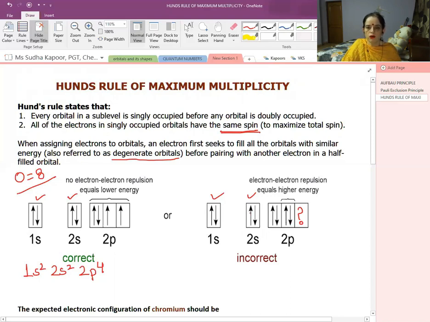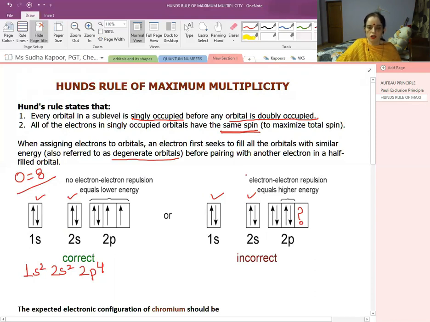So the most important thing is the sublevels should be singly occupied before any orbital is doubly occupied, and this is the case for degenerate orbitals only, for example p, d and f.